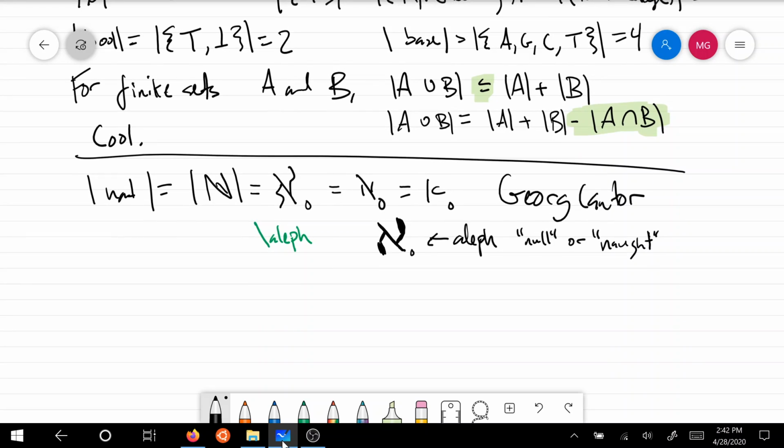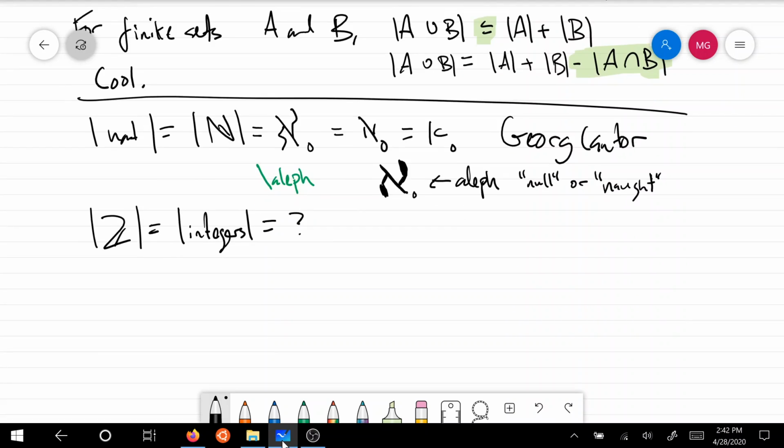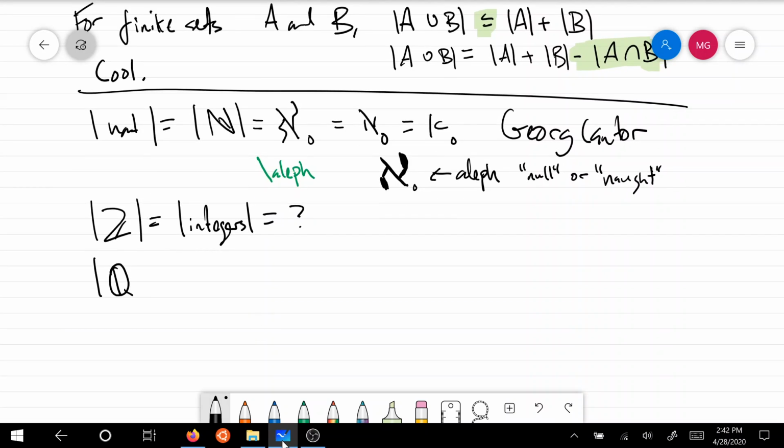That's fine. We might wonder, for example, knowing other forms of numbers, what is the cardinality of the integers? What is the cardinality of the rationals? What is the cardinality of the reals?